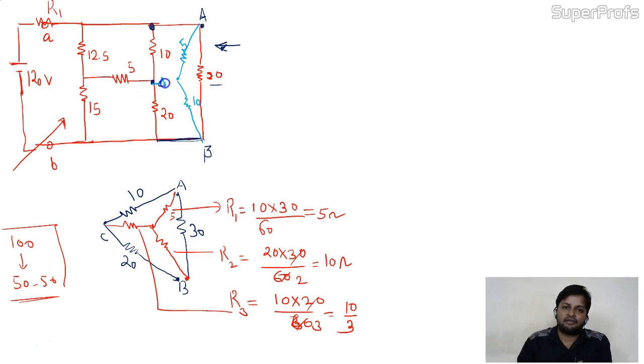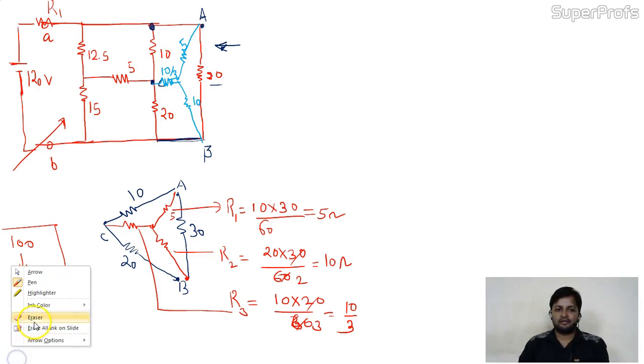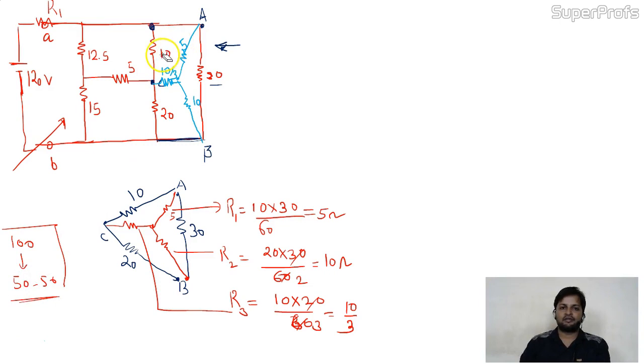What about this branch? You have 10 by 3. Now you can remove the delta connection which we previously had. I can remove this. Now this no longer exists in the circuit. Now your circuit becomes like this.